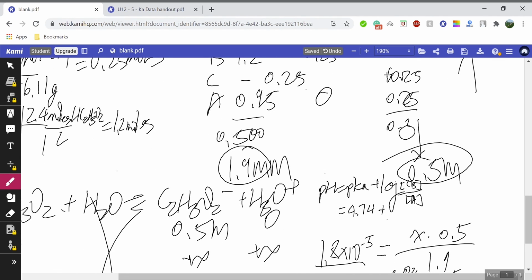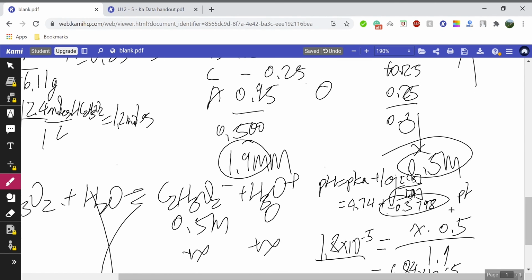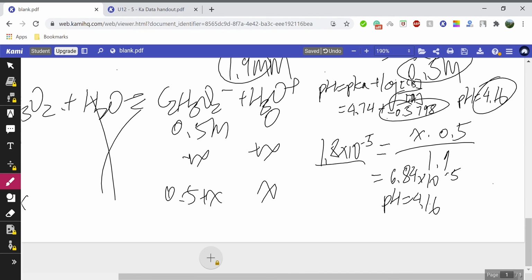So log of 0.5 molar divided by 1.9 molar will be negative 0.57998. And then if we add this to 4.74, you'll get a pH of 4.16. And look, it's the same answer as we got over here.